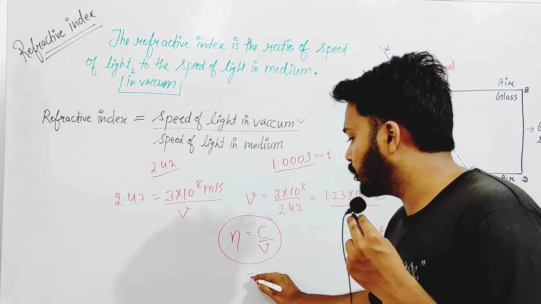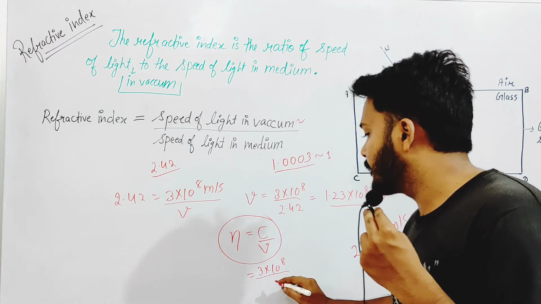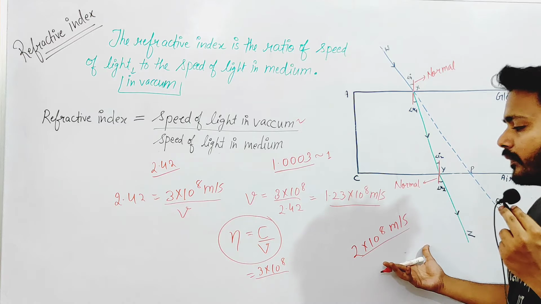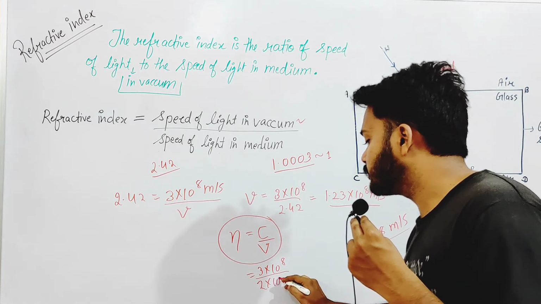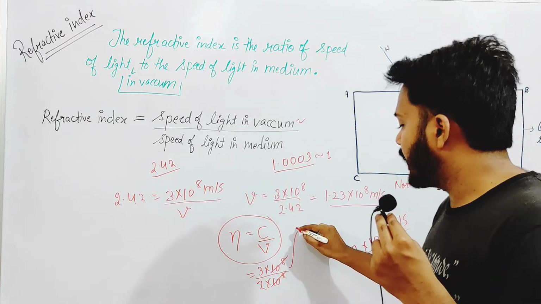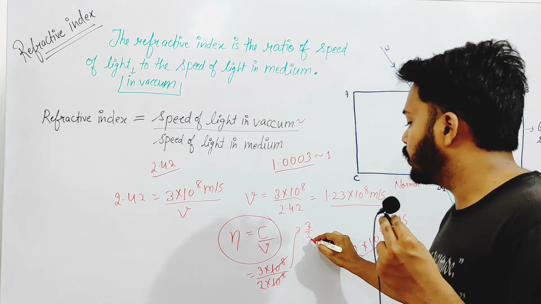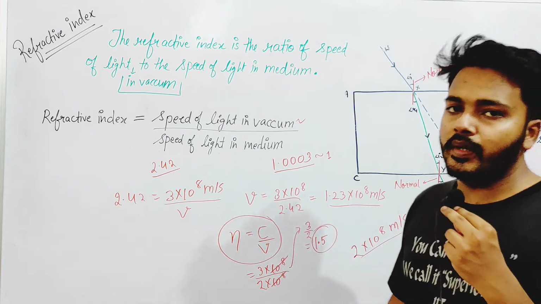So here we put 3 into 10 raised to power 8, which is the universal value, and the given value of the speed of light in glass is 2 into 10 raised to power 8. These are the same, so we can cancel. Here you get 3 upon 2. So you get 1.5 as the refractive index of glass.